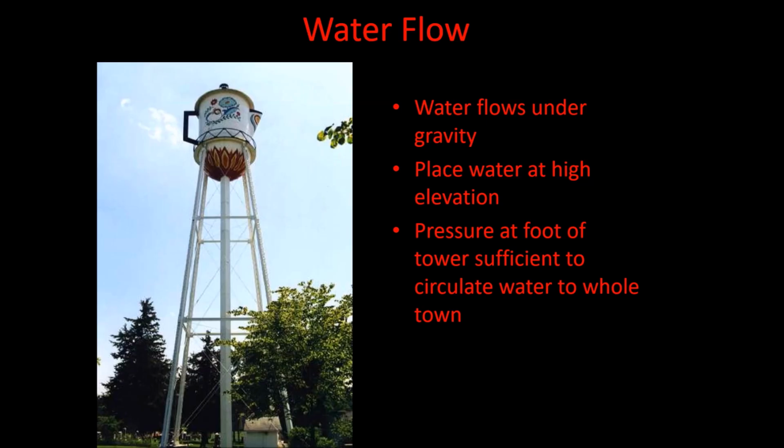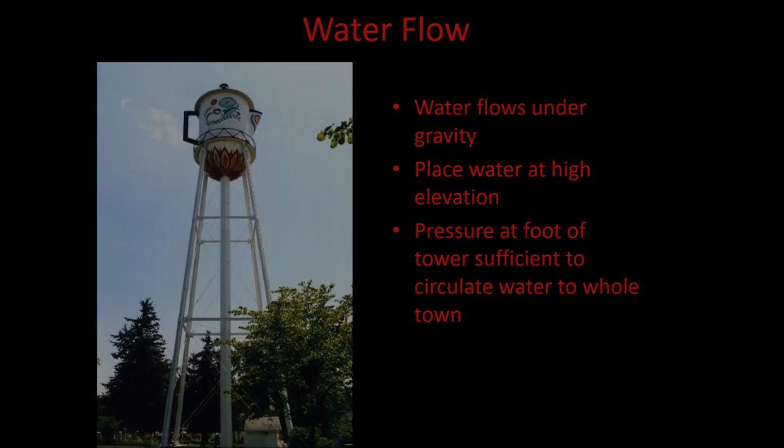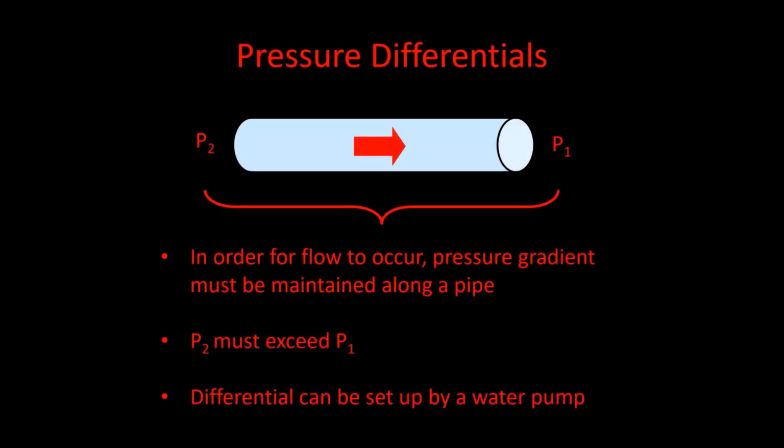But in order for water to flow, you do need a pressure differential. And this can be looked on very much as a potential, such as when we were looking at potentials in an electrical case. What you really need is a pressure at one end of a pipe that's different to the other.